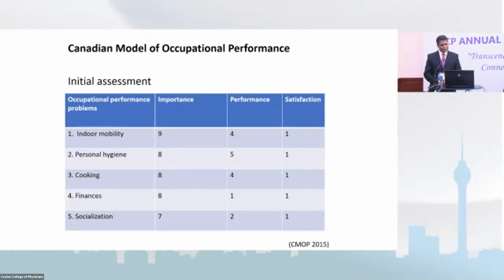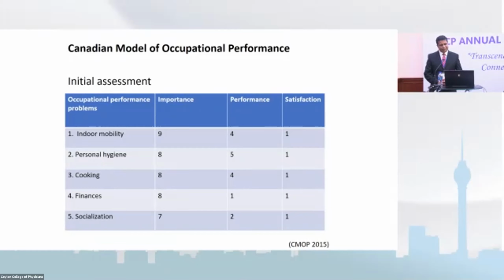Performance-wise, for the important activities out of 10, the patient had a lot of problems. The patient has some difficulties with finances, socialization, indoor mobility, cooking, and everything is below 5. And as for satisfaction, the patient is hardly satisfied with any of these activities, the current status which she is performing.